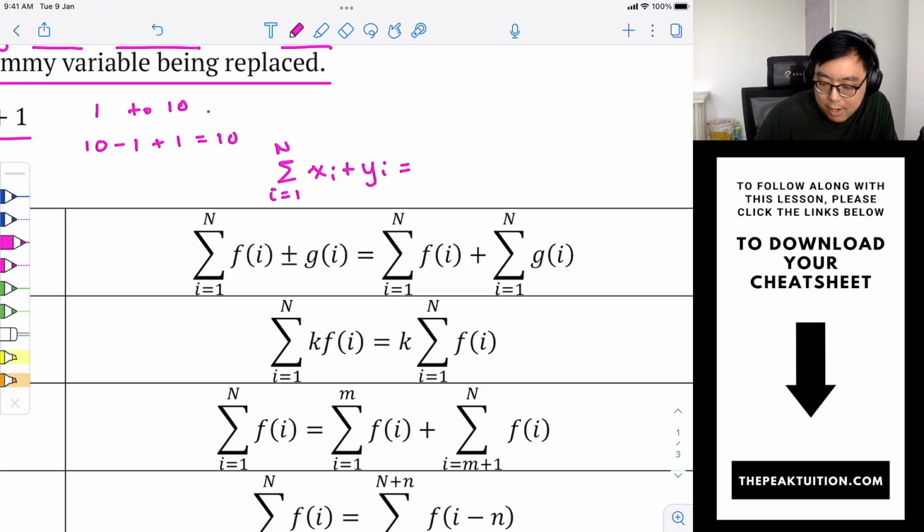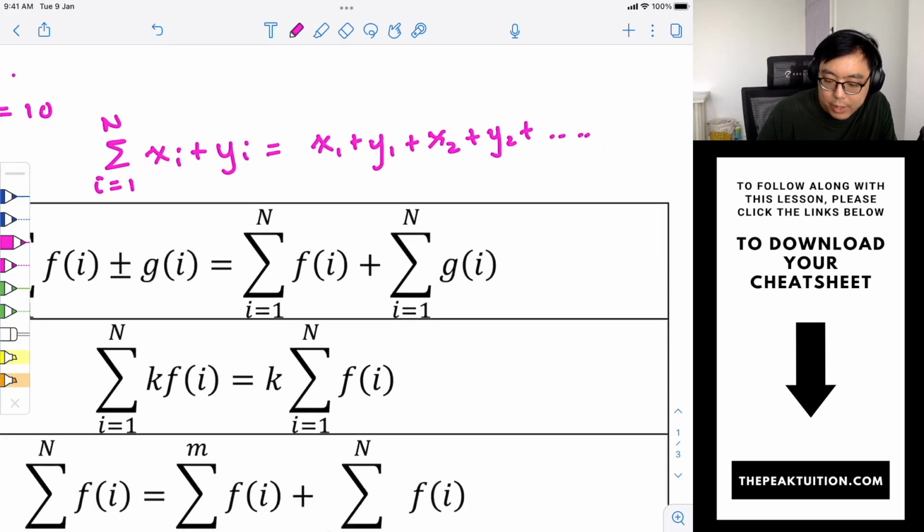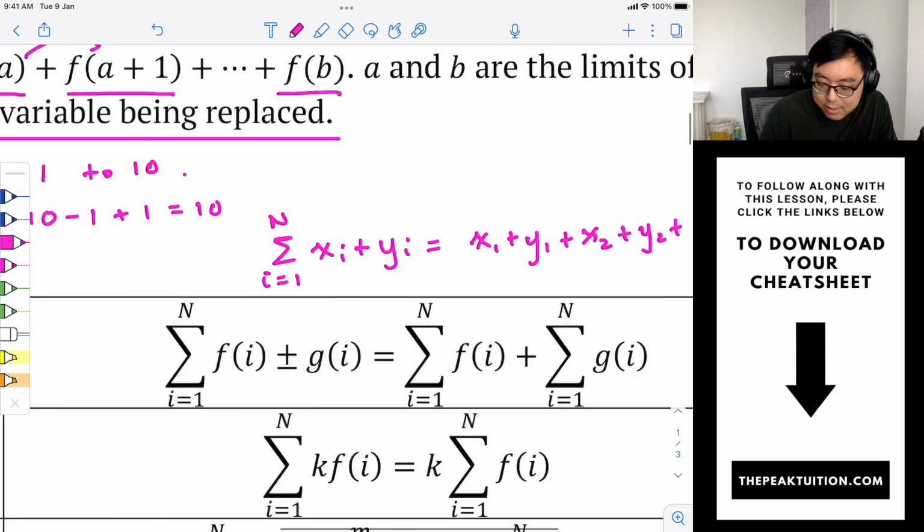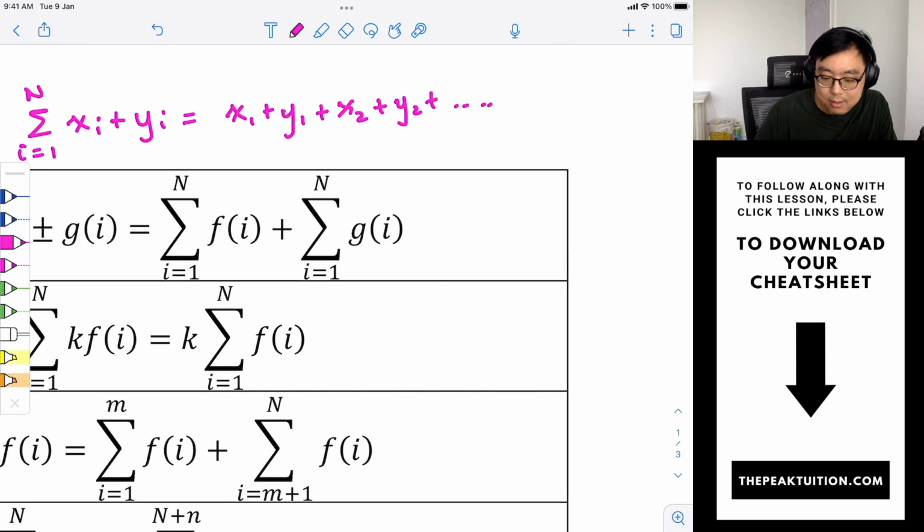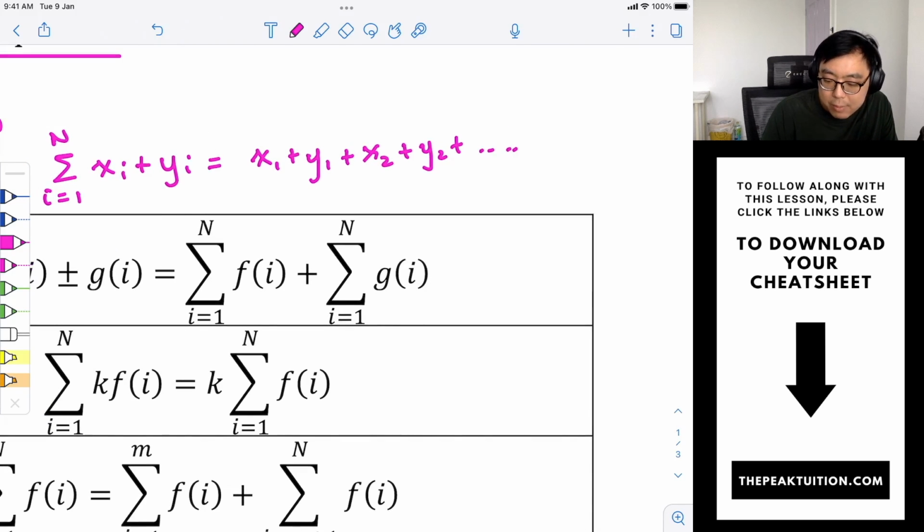This means we can write it as x1 plus y1 plus x2 plus y2 plus all the way. Note that now we are summing over i, not x, so our x will be a pattern that is based on i. Previously we were summing over x. So what we sum over can be any letter. We just need to make sure we know what is being changed. So we have x1 plus y1 plus x2 plus y2 plus until xn plus yn.